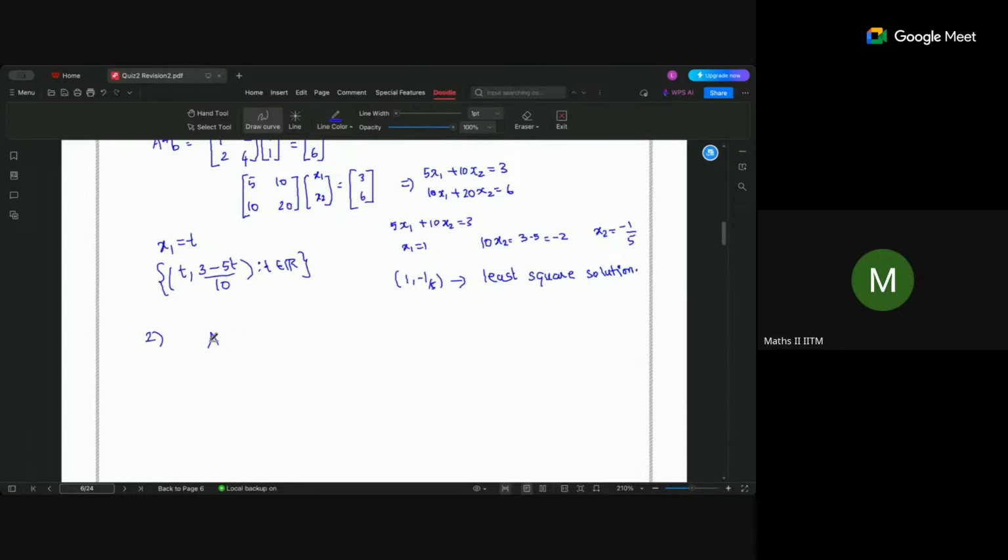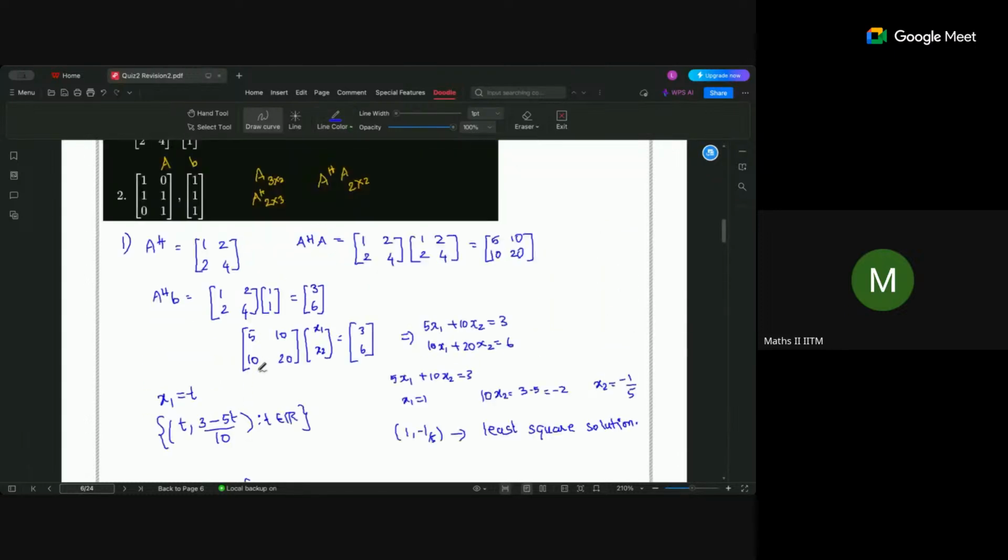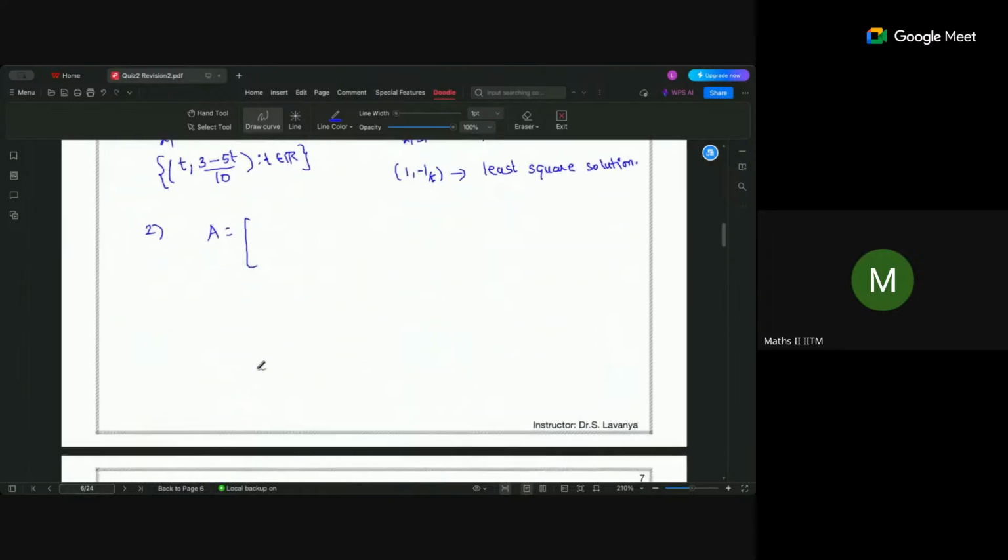So now let's compute it. You have A equal to 101101. Now what is AH? AH is 101101, written as columns. Okay. Now what is AHA?